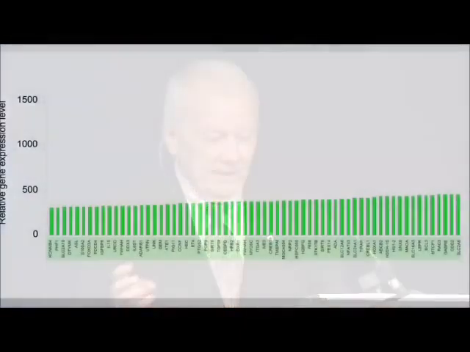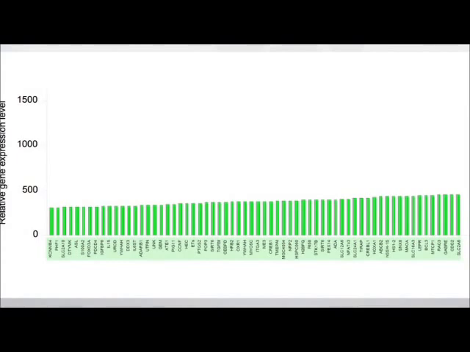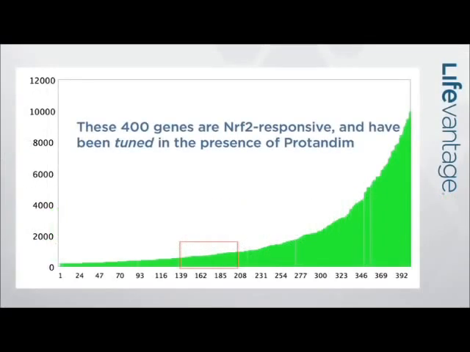What we've learned in the last 5 years is that it affects not only those 63 genes, but these 400 genes. So 3 of those are SOD, catalase, and glutathione peroxidase. Have we realized that Protandim does a lot more than that? You bet. We went from 3 genes to 400 or 500 genes that we're now talking about.